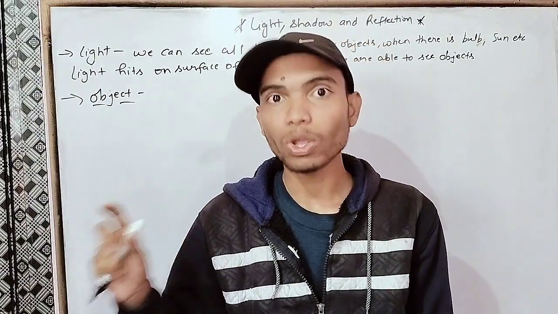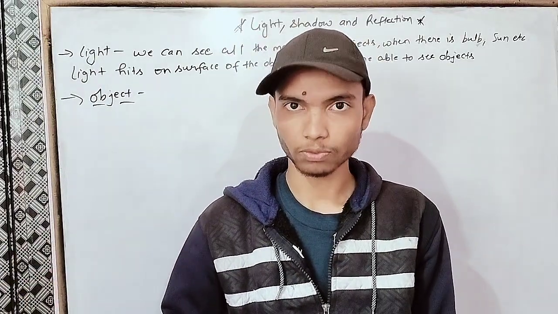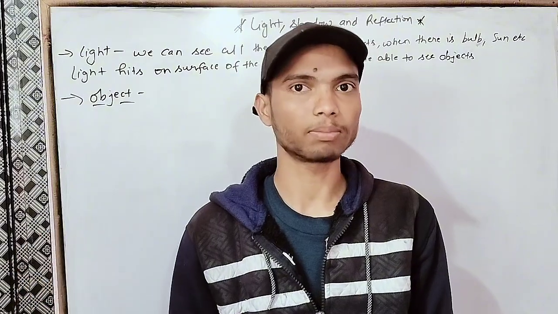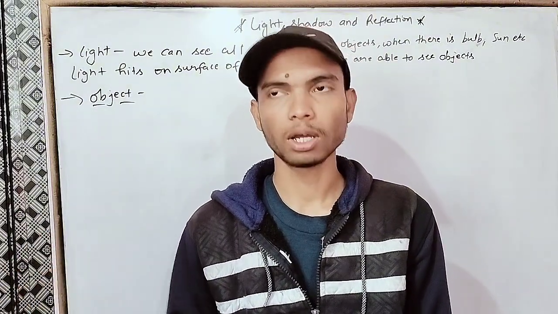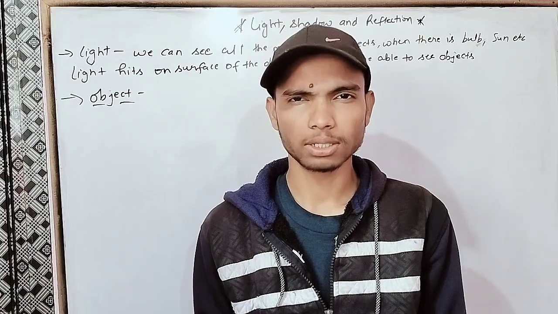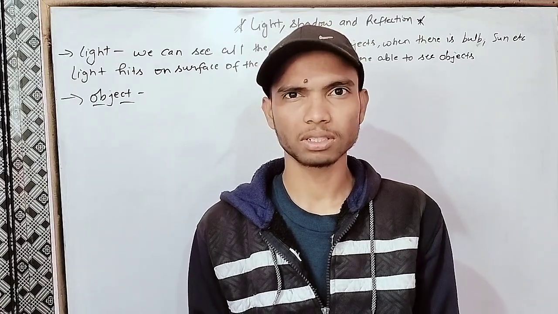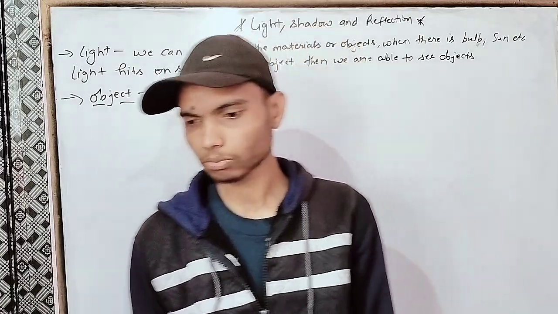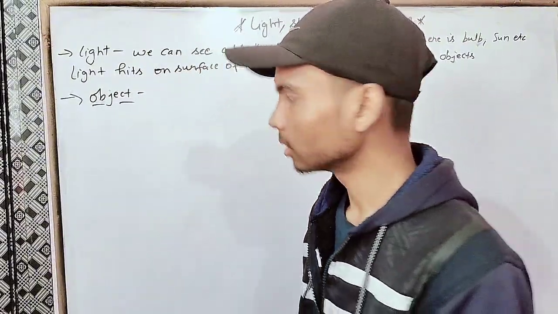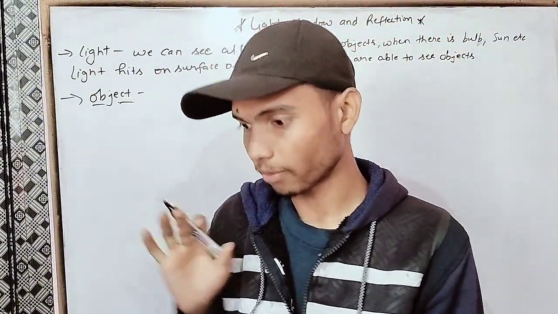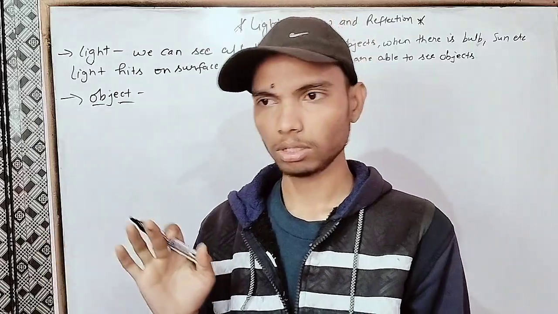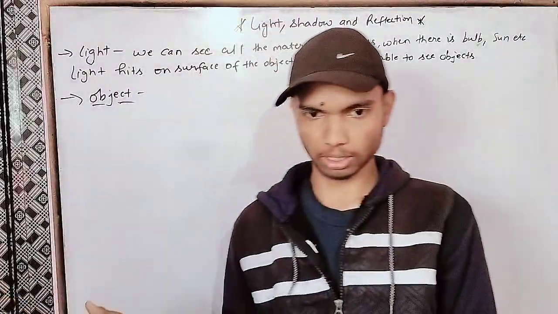Second, we can touch it. First to see, second to touch. That's it. This is enough to say. So if we are able to see and we can touch, then we can say, yes, this is an object.